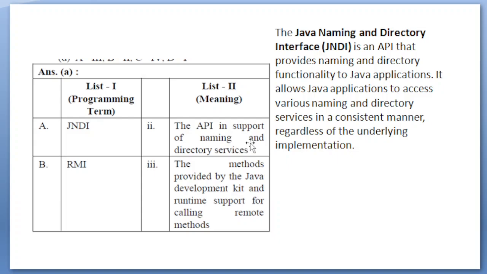And RMI: the full form of RMI is Remote Method Invocation. In this remote method invocation, the methods are provided by the Java Development Kit with runtime support for calling remote methods. I will give a detailed description of RMI later.